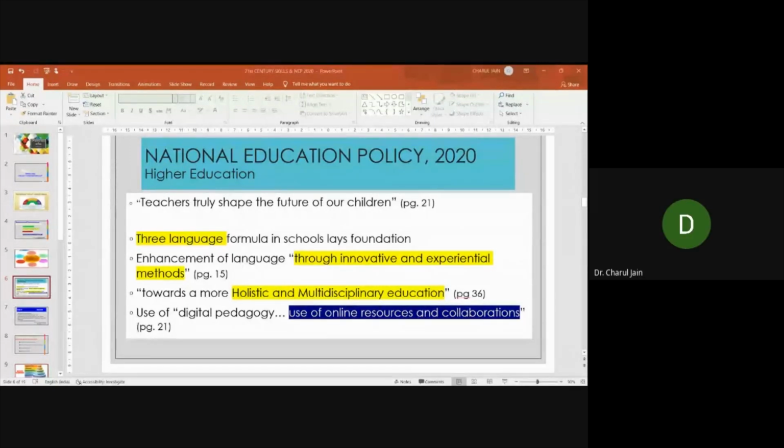Towards a more holistic and multidisciplinary education is one of the subtitles in the National Education Policy, and that means there is a lot of emphasis in the National Education Policy on merging of fields and identifying how one field feeds into another.